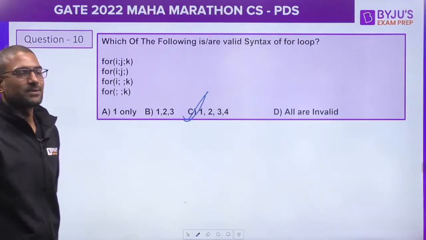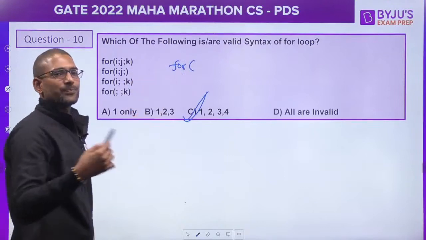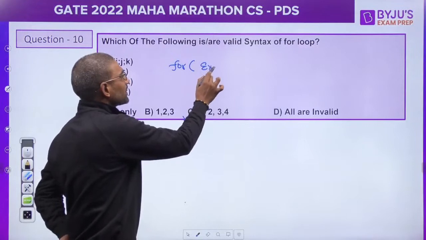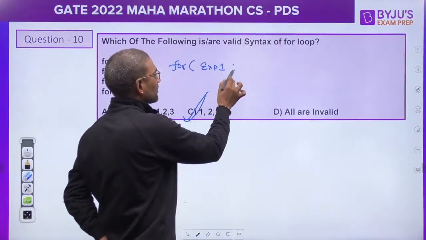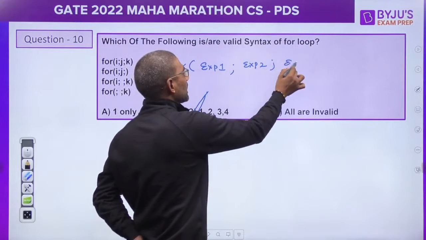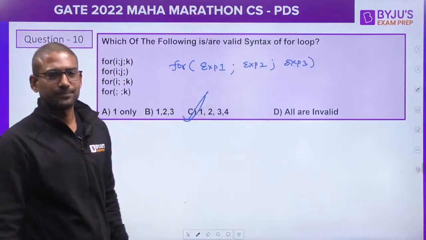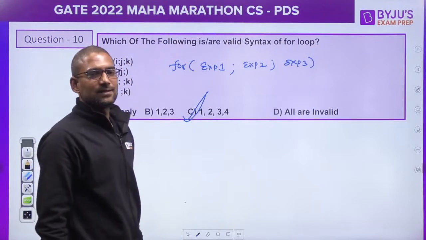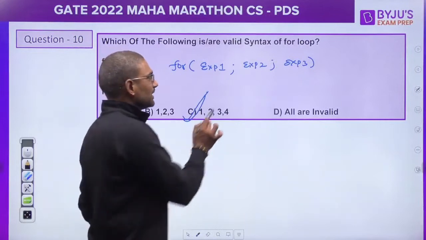Option C is the right answer, because what is the most known or understood syntax of for loop? For expression 1, expression 2, expression 3. This is the actual syntax. For your convenience, for easy understanding, many people started teaching it this way.